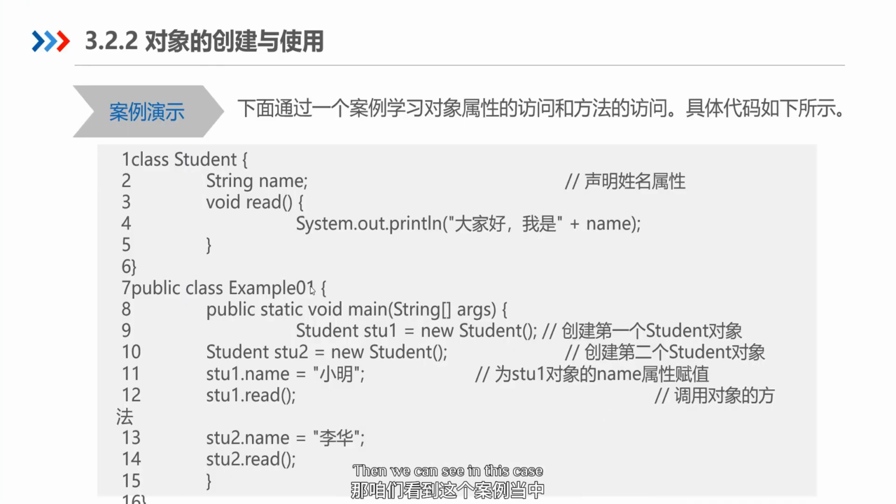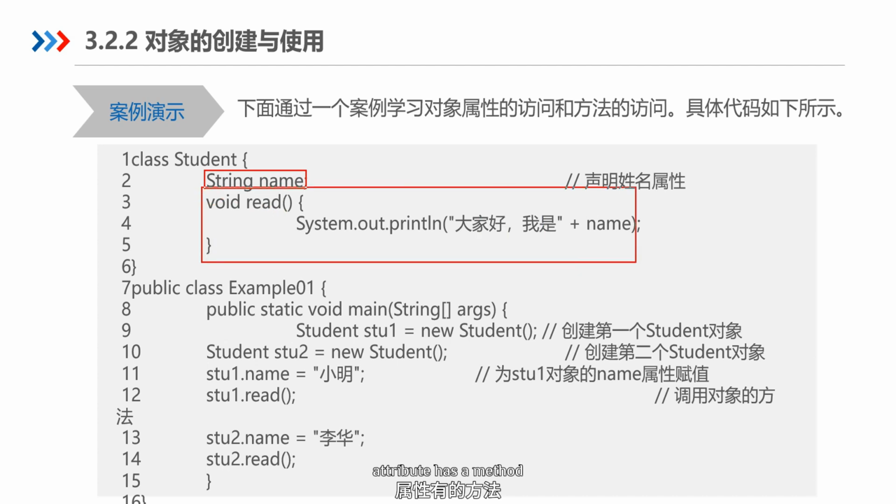Then we can see in this case, we now create an object with attributes and a method. So when I created this object, there are two objects at this point.